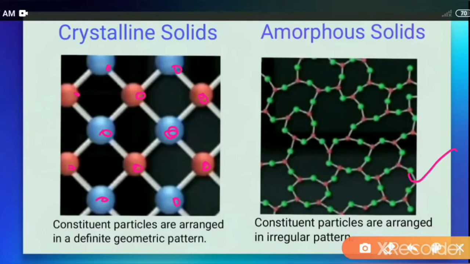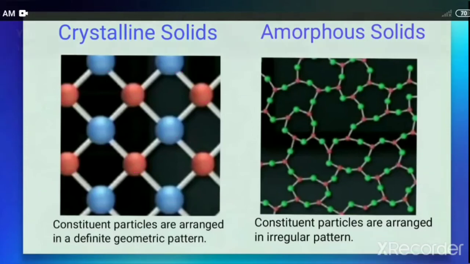So, because of this reason only, in the first case, we can say that there is a regular arrangement. That means they have a definite geometric pattern. But in the second case, there is no regular arrangement. Therefore, there is no definite geometric pattern. So, from this, what can we conclude?